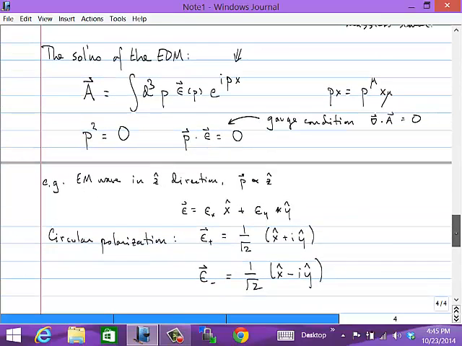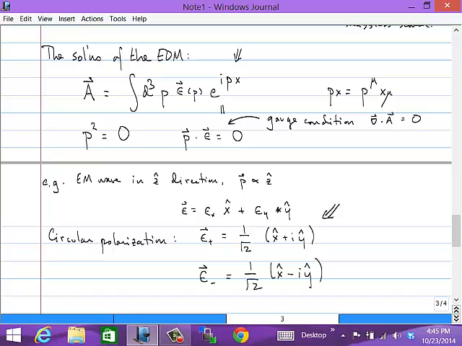And as usual, of course, A is a real field at the end of the day. So when we introduce a complex polarization like that, to get a real solution of the equations of motion, we just take the real part of A at the end of the day. But you get something non-trivial because the i's appearing in epsilon will mix with the i's that appear in the e to the ipx, and you'll get some more complicated looking solution to the equations of motion.